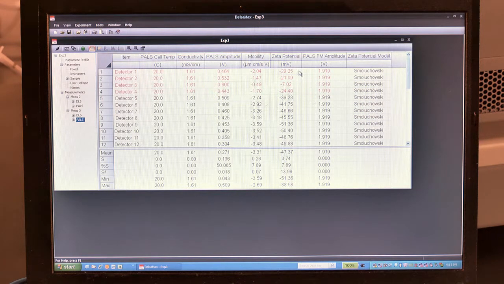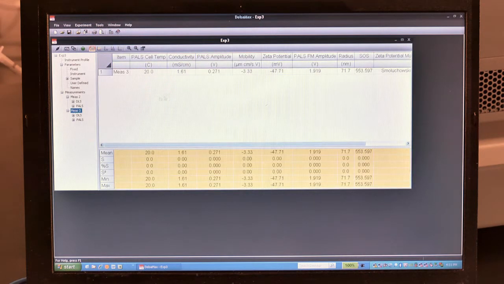You see, they had zeta potential between -29 and -7, whereas the rest of the detectors have zeta potential above -39. So now when we go to the data, we see that the zeta potential is -47 millivolts. It's even more negative, and that's because we've eliminated the first few detectors that are looking at larger aggregated molecules that we don't concern ourselves with in this measurement.